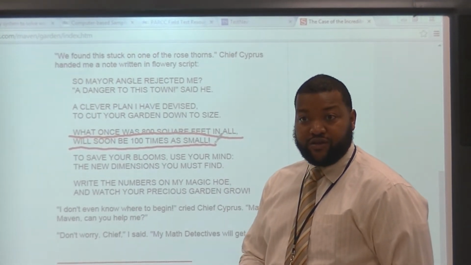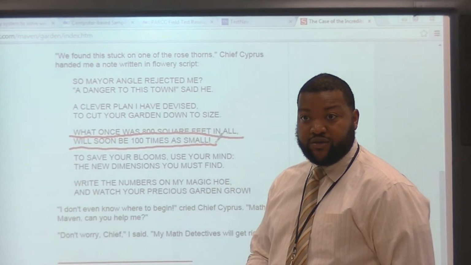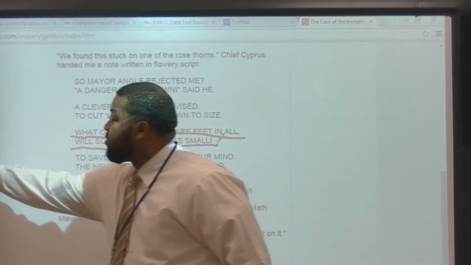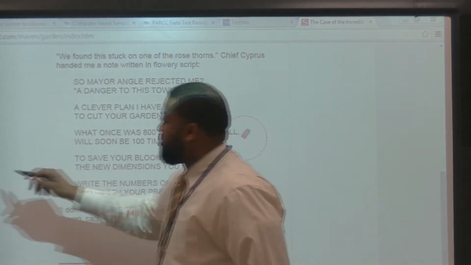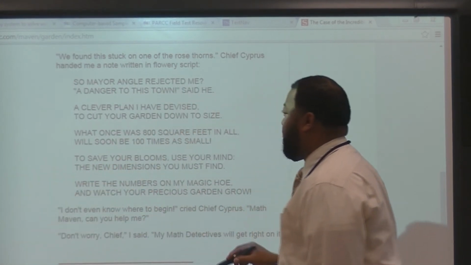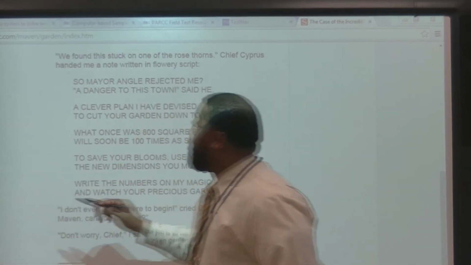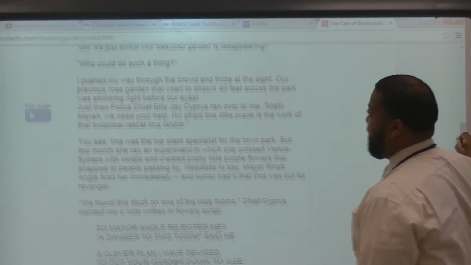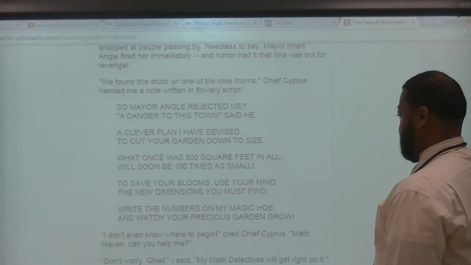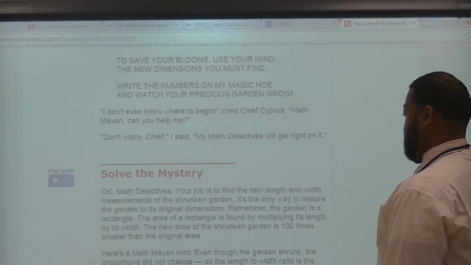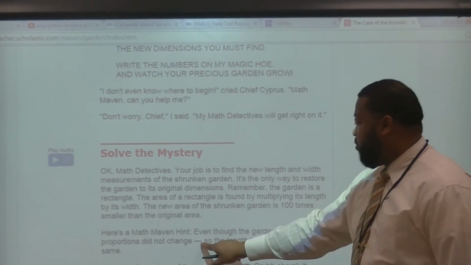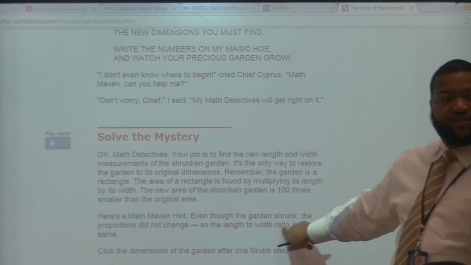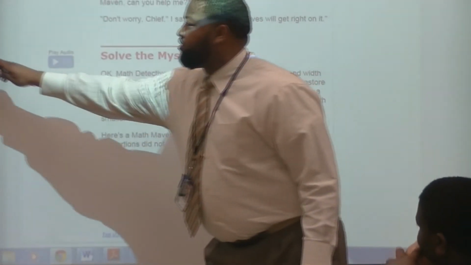On the second page, it says the proportions did not change, so the length to width ratio is the same. Okay, so it tells us the proportions did not change.